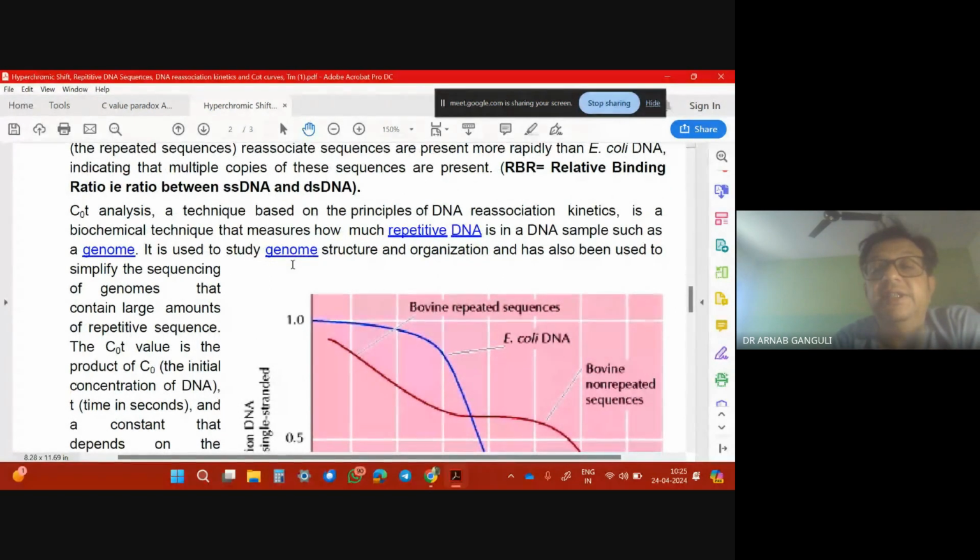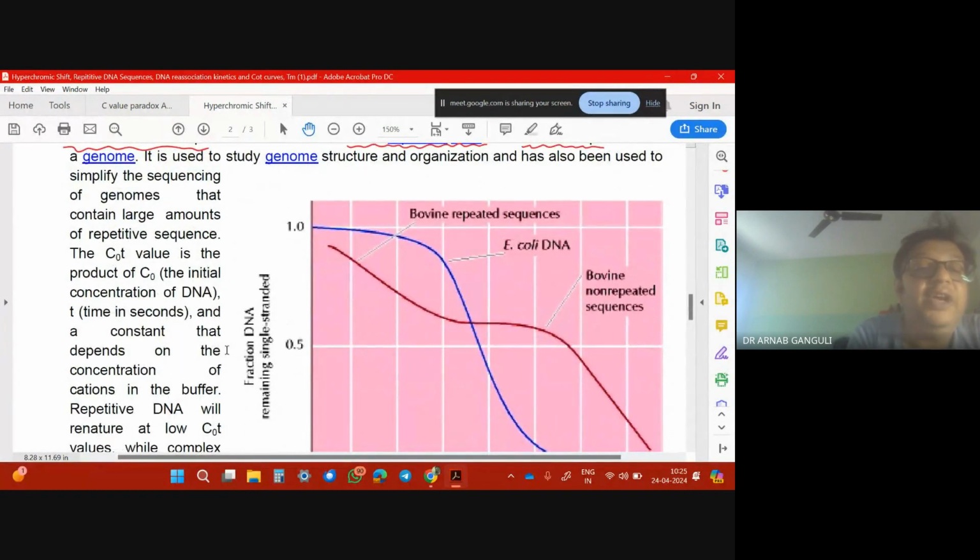So now let us discuss this in detail. COT analysis is a technique based on the principles of DNA reassociation kinetics. It is a biochemical technique that measures how much repetitive DNA is in a DNA sample. So what is the COT value?